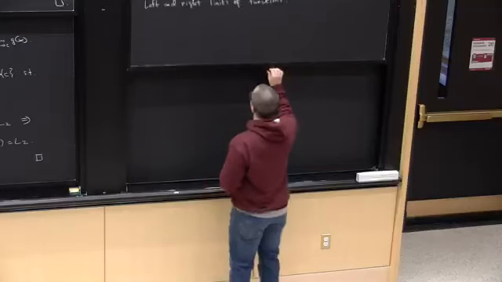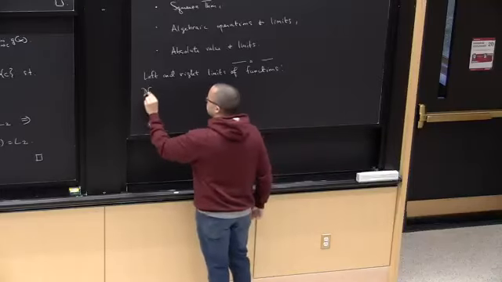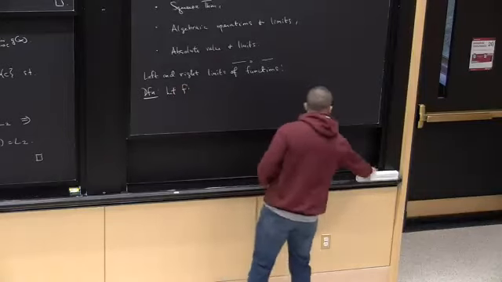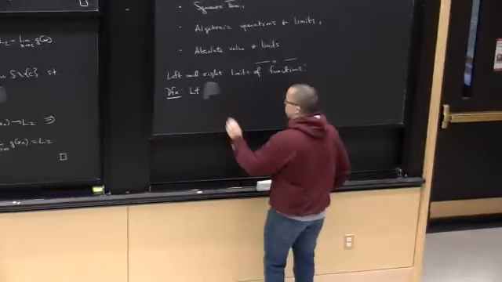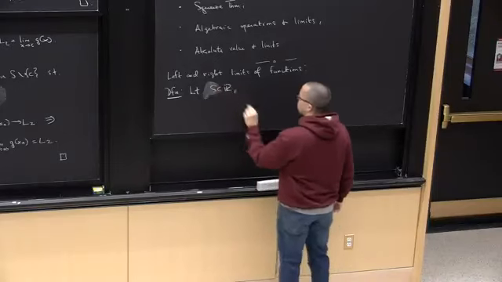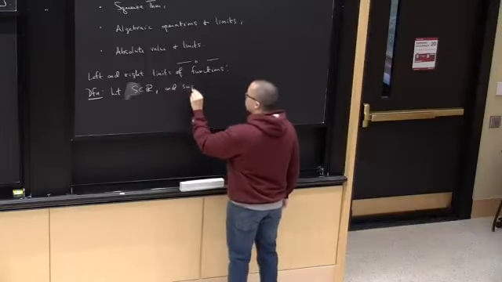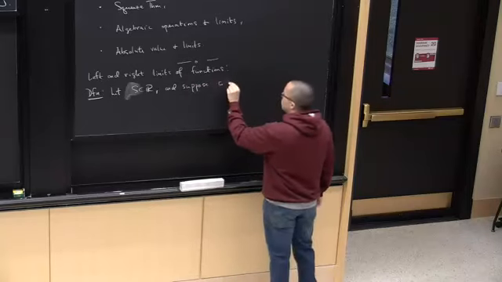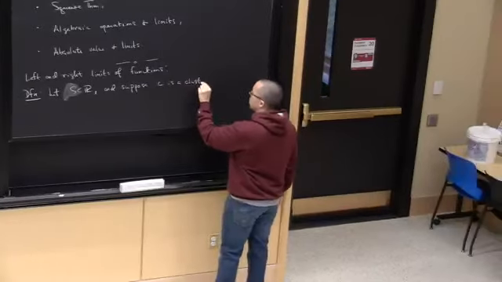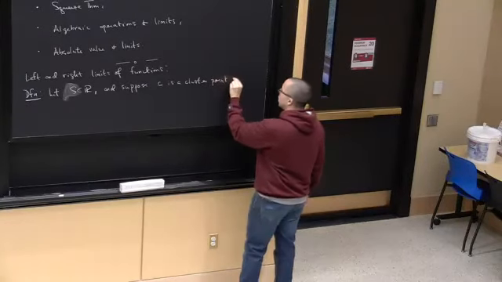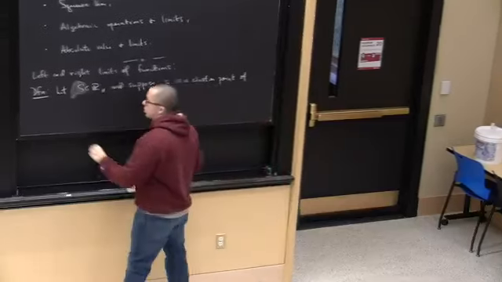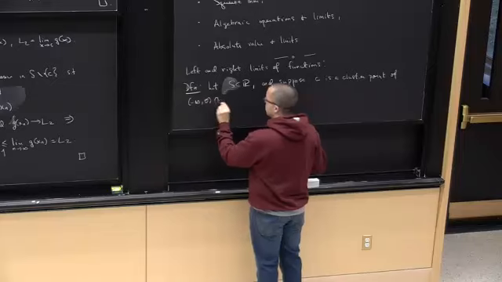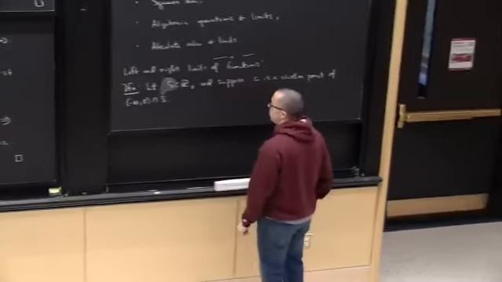So let's start the definition here, and we'll go to the next board. Let S be a subset of R, and suppose c is a cluster point of (minus infinity, c) intersect S. Okay?